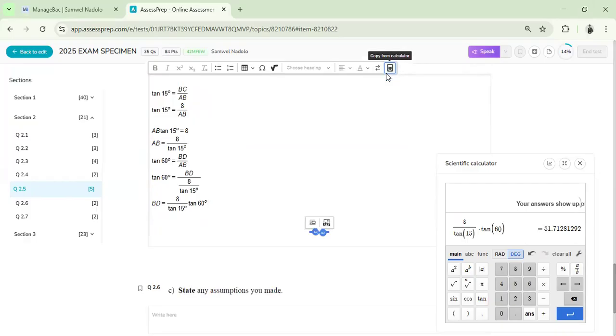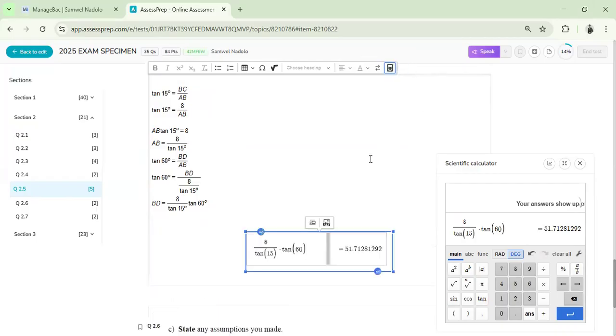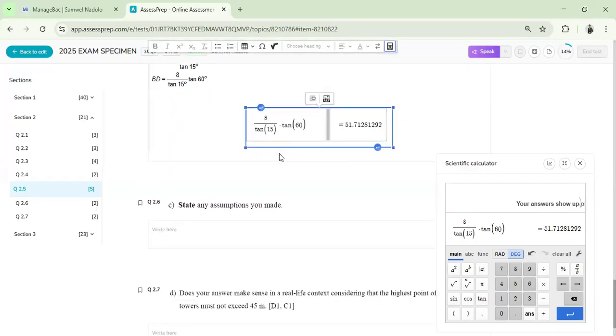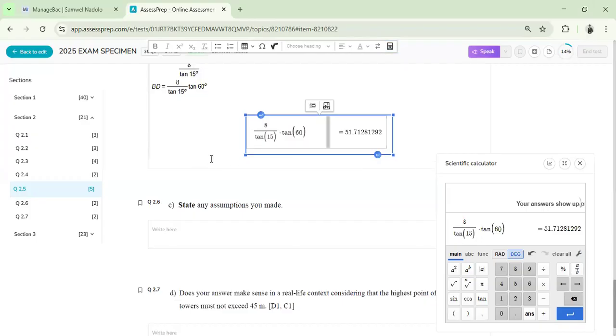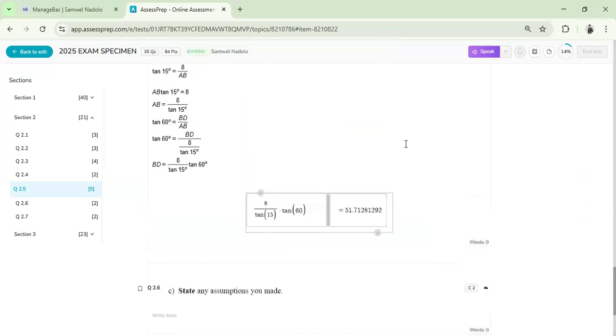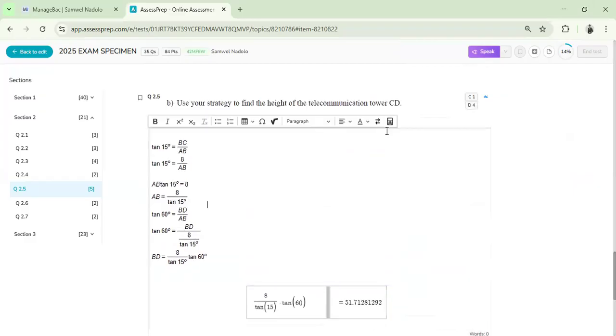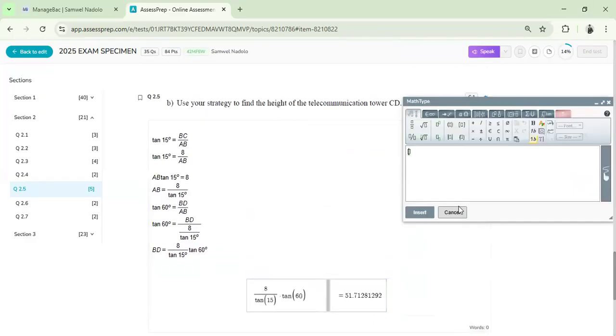Very good. Once it copies, you know that is your answer. Then you will come down here and have some space so you can cancel what is in the calculator, and then continue.